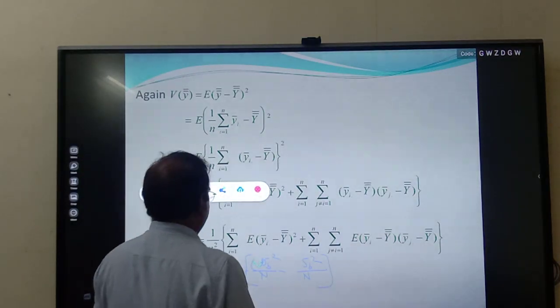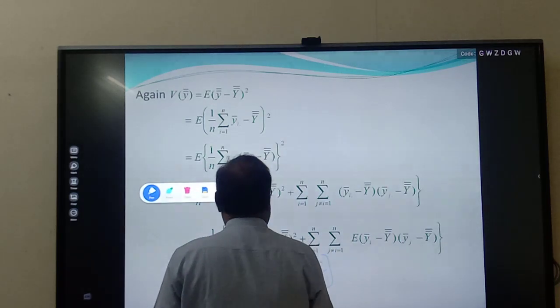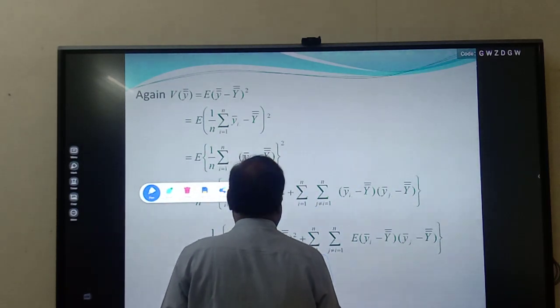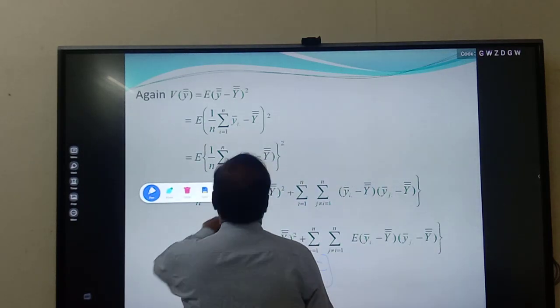You find that this becomes equal to 1, and this becomes equal to n minus 1.